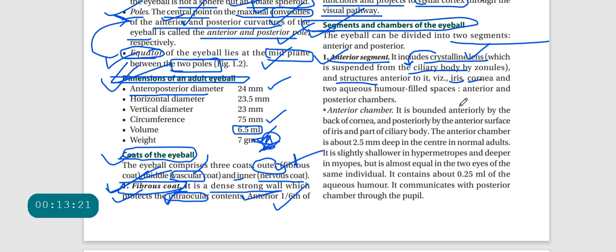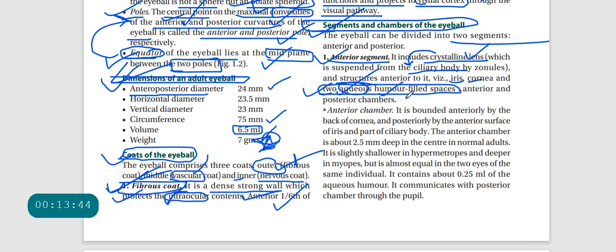Very important. Aqueous, the name itself tells us, is water or water-like fluid, and the aqueous humor filled spaces are the anterior and the posterior chamber.